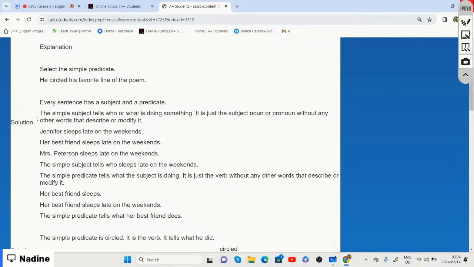So a simple subject tells us who or what is doing something, and it is just the subject noun or the pronoun without any other words that describe or modify it.